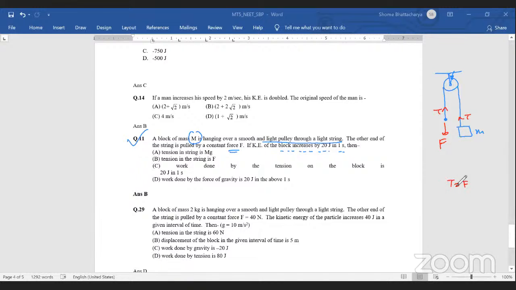So T is equal to F. Now, let us assume that this block moves from here to here. This is the displacement in 1 second.